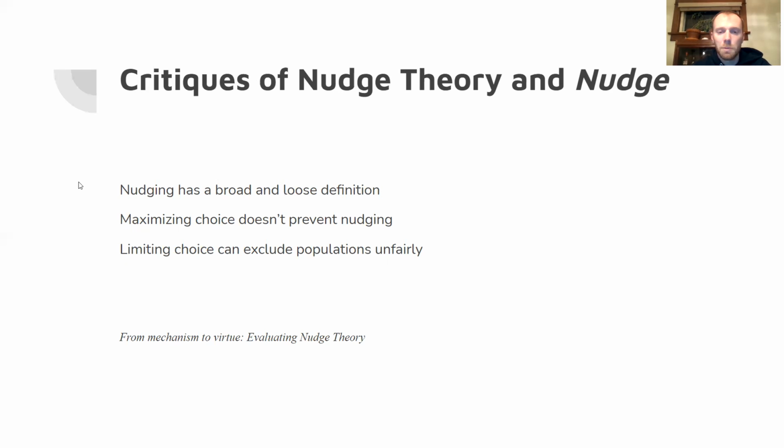So just because you're maximizing choice doesn't mean you can also implement nudges towards the best choices for individuals. And related to that, limiting choices can exclude the best option for some populations.